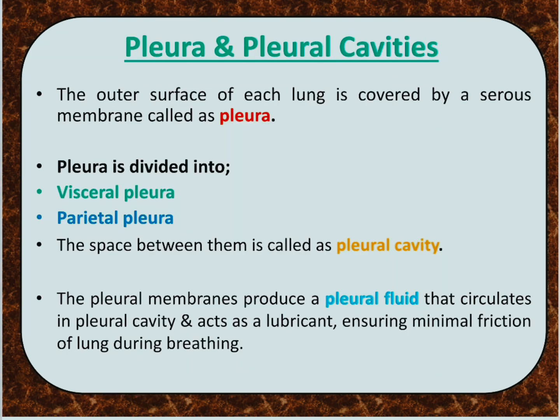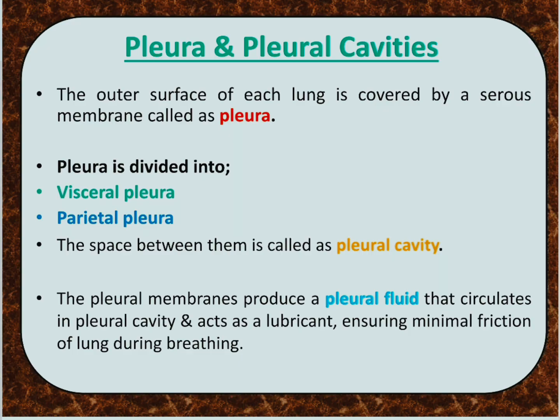Next we will see the pleura and pleural cavities. The outer surface of each lung is covered by a serous membrane called the pleura. The pleura is divided into two: the visceral pleura and the parietal pleura. The space between these two pleura is called the pleural cavity.